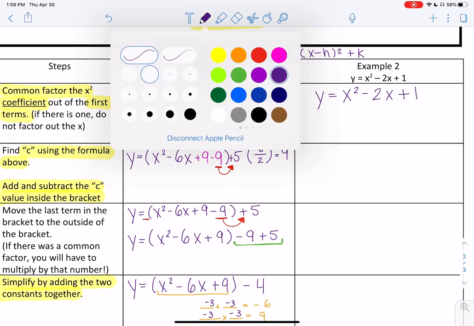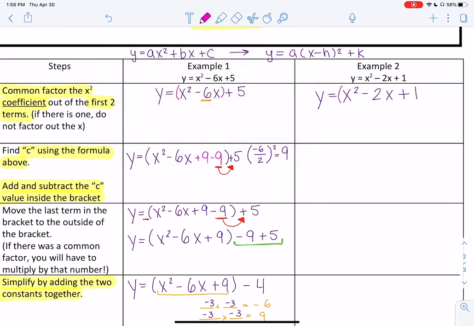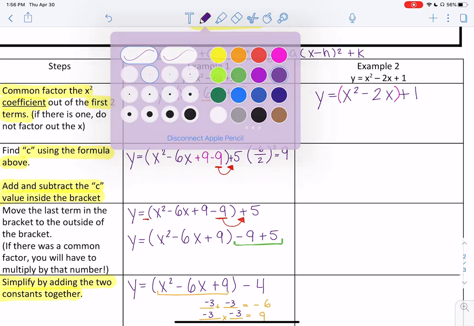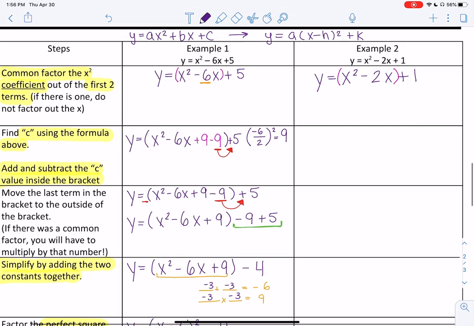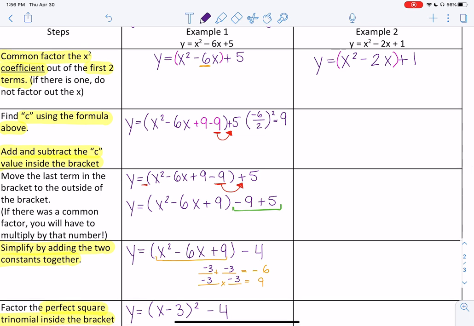First step we do is put brackets around the first two terms. Next, we need to find this magic number. So that's step 2. We take this number here, -2, divide by 2, and square it.